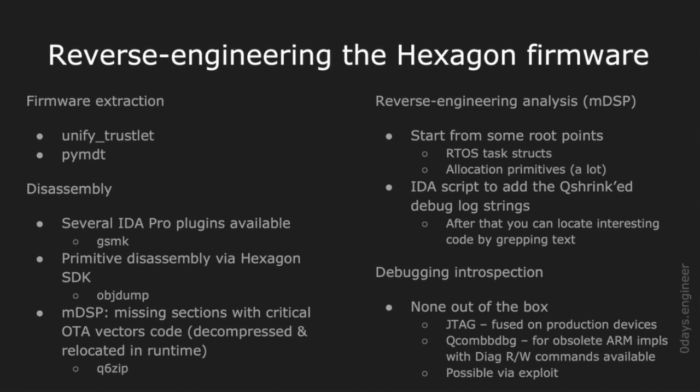This binary is actually a compound binary that must be divided into separate binaries that represent specific sections inside the firmware. For that purpose, we can use the unified split script. After you have split the baseband firmware into separate sections, you can load them into IDA Pro. There are several plugins available for IDA Pro that support Hexagon. I have tried one of them, I think it was GSMK, and it works quite well for basic reverse engineering purposes.